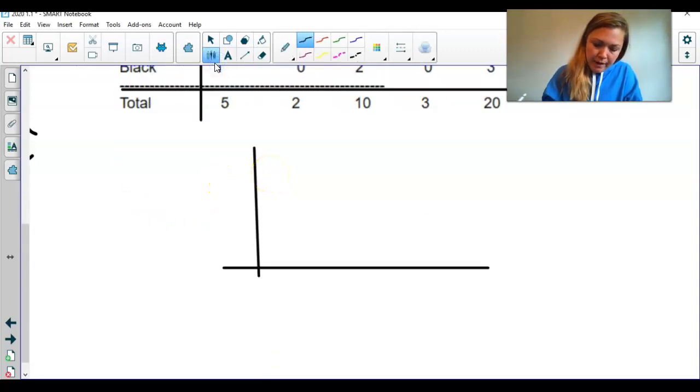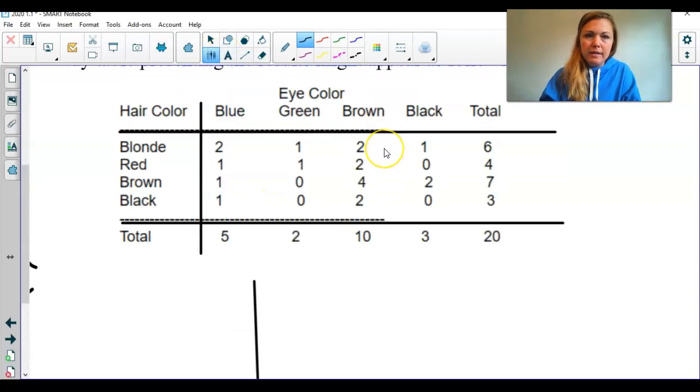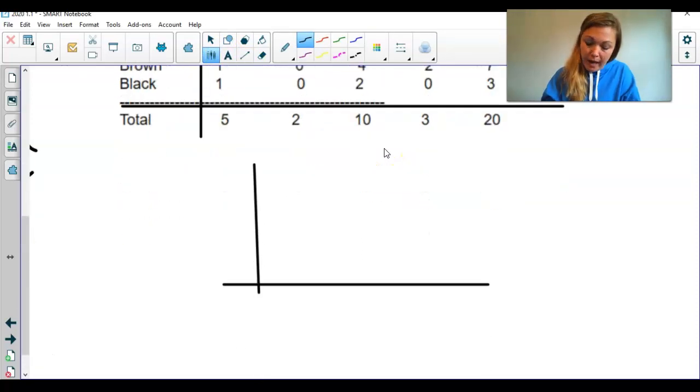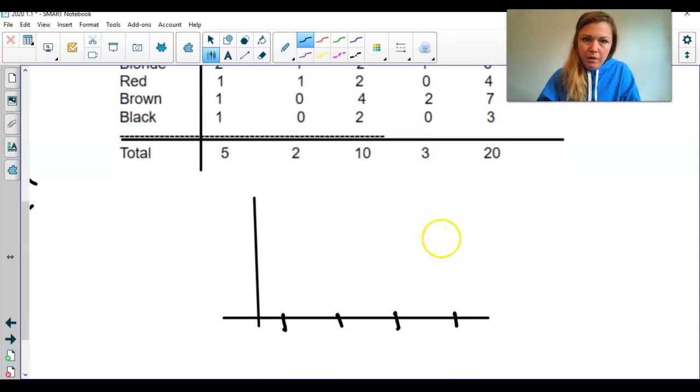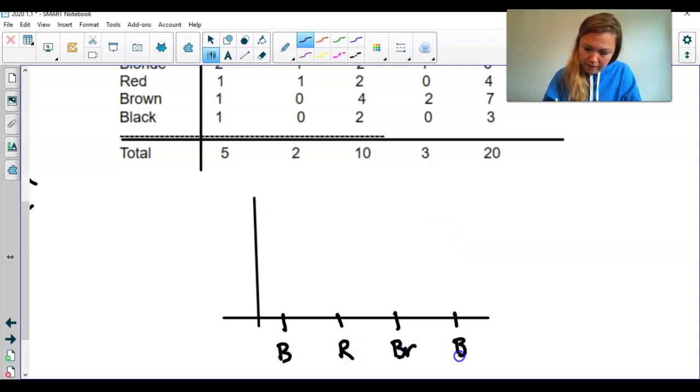So I think I said I was going to look at the hair color, right? So I have 1, 2, 3, and 4. Now, first one's blonde, red, brown, and black.